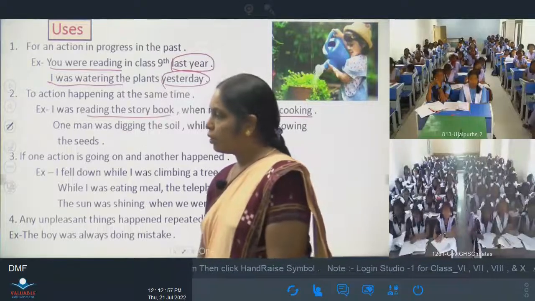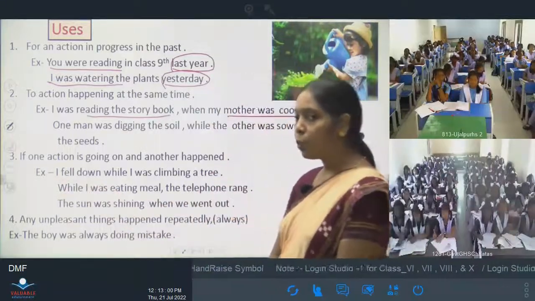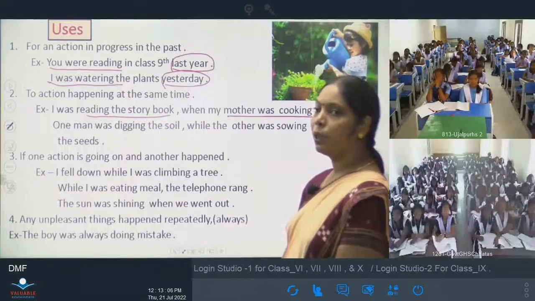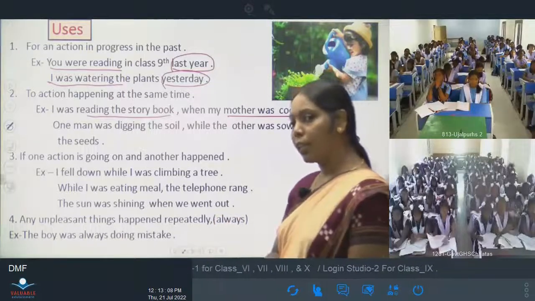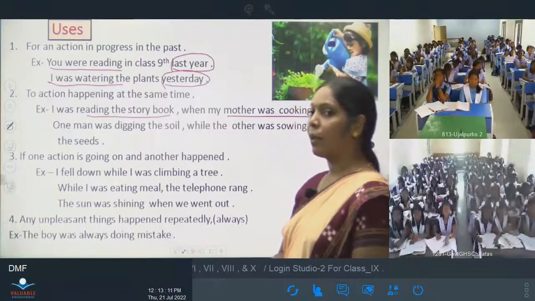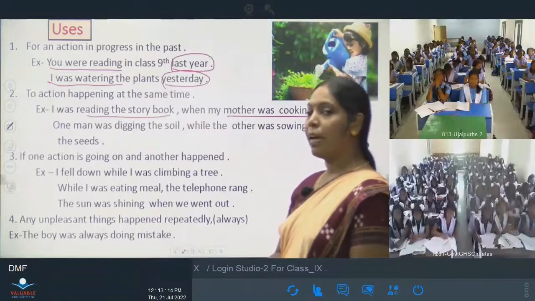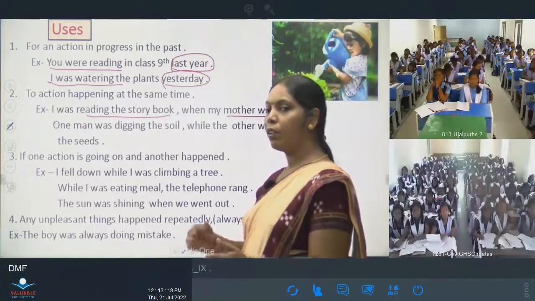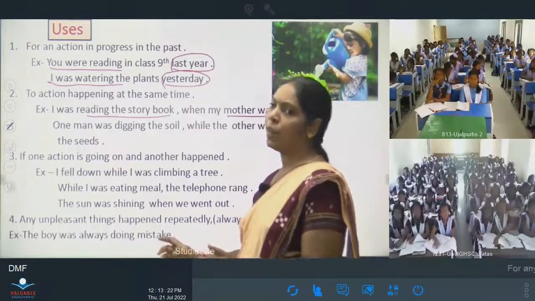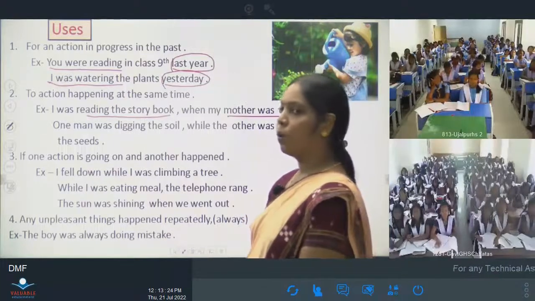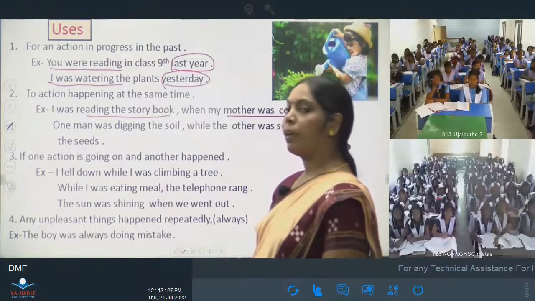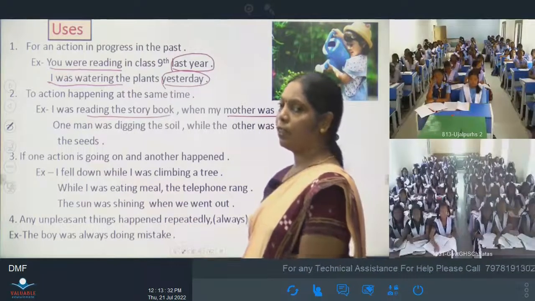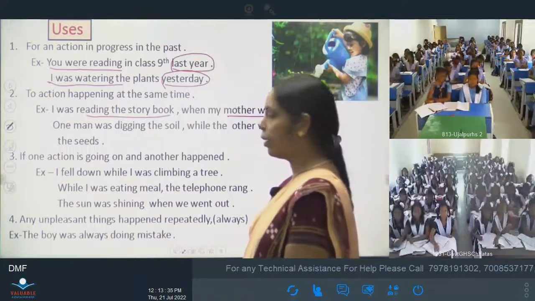Now the third point is here, we use past progressive tense if one action is going on and another happened. ଯଦି ଗୋଟିଏ କାମ ଚାଲୁଥିଲା ବେଳେ ଅନ୍ୟ ଗୋଟିଏ କାମ ଘଟିଲା, ତ ସେଇ ସମୟରେ ଆମେ past progressive tense ୟୁଜ୍ କରିଥାଉ। ଯେଉଁ ଘଟଣାଟି ଚାଲୁଥିଲା ସେଥିପାଇଁ past progressive, ଏବଂ ଅନ୍ୟ ଘଟଣାଟି ଯେଉଁ ଘଟିଲା, ସେଇ ଘଟଣାରେ ଆମେ past simple tense ୟୁଜ୍ କରୁ। So longer action ପାଇଁ ଆମେ past progressive ଏବଂ shorter action ପାଇଁ ଆମେ past simple tense ପ୍ରୟୋଗ କରିଥାଉ। Now let's see the example here.